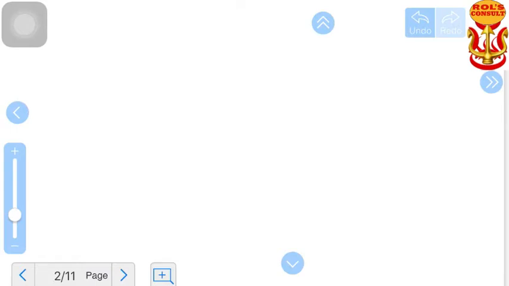Hypertext is a text which is not restrained to be linear. If we say something is linear, what does it mean? It means the thing is horizontal. So a text which is not restrained or constrained to be linear is a hypertext.